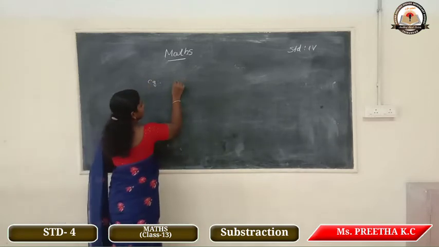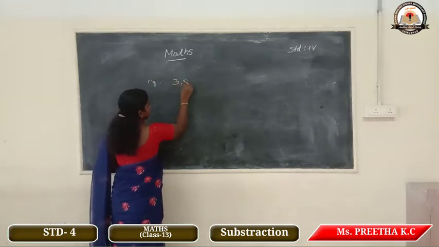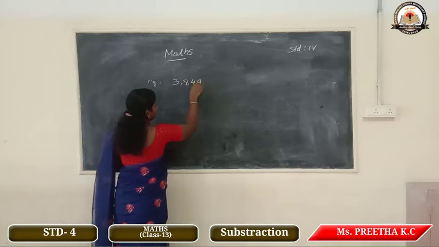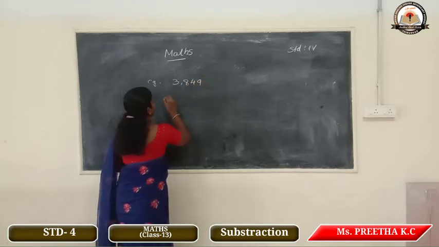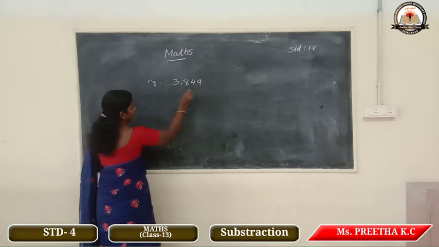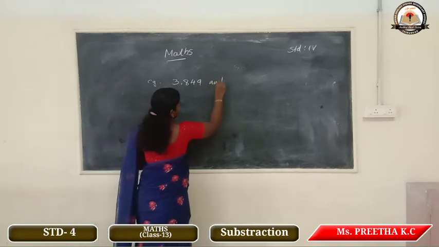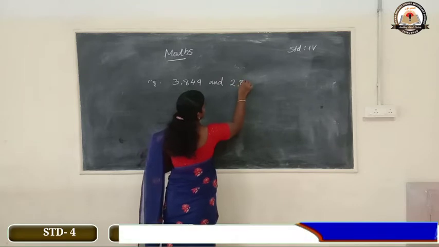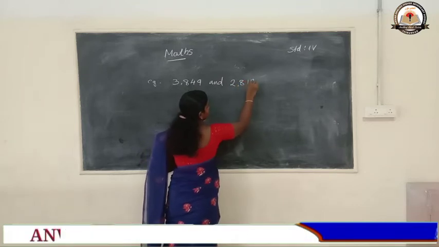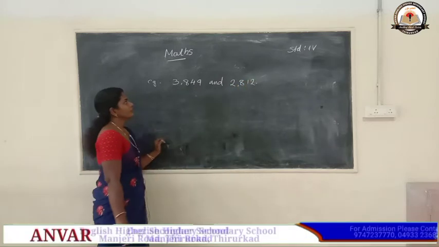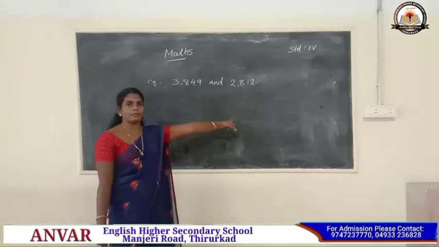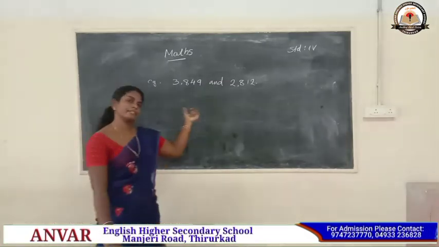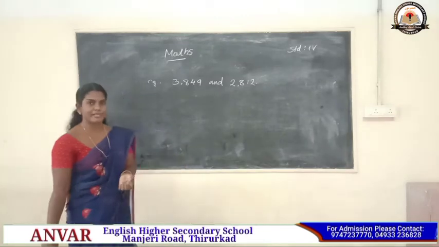Here there are two numbers. We need to subtract these two numbers. How to do the subtraction?